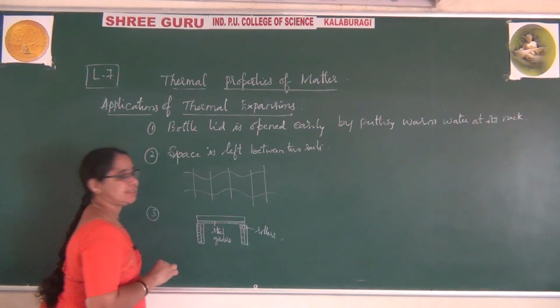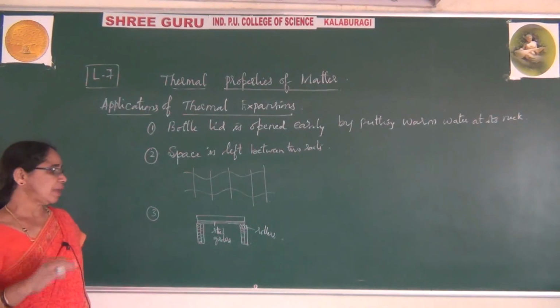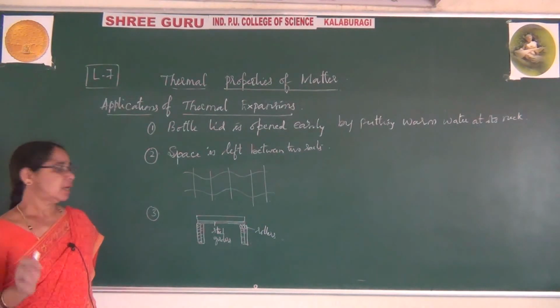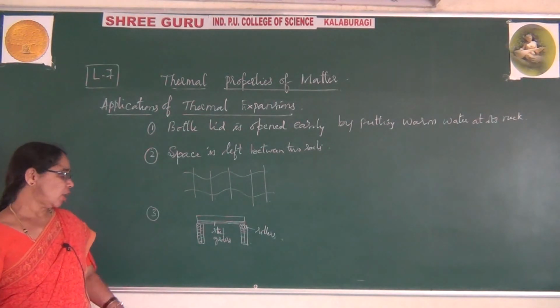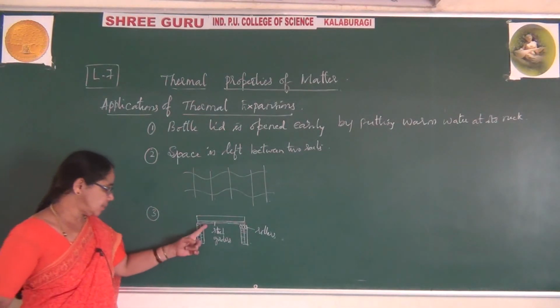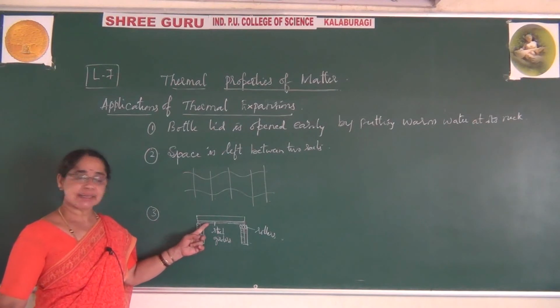So these bridges are roofs. Whenever you construct a bridge or a roof, the roofs of houses are always made up of steel girders. So they are placing steel girders on the top.